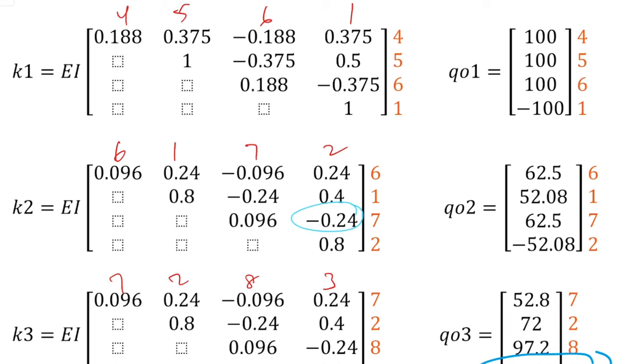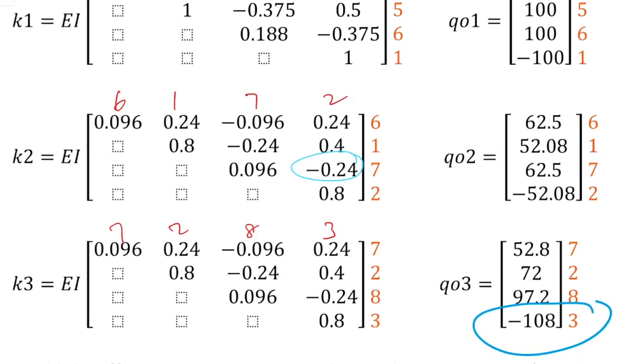And we find another one in K3, 27 and 72, which is 0.24. Negative 0.24 plus 0.24, the value is 0.